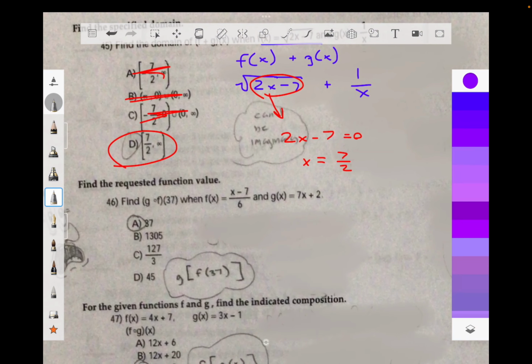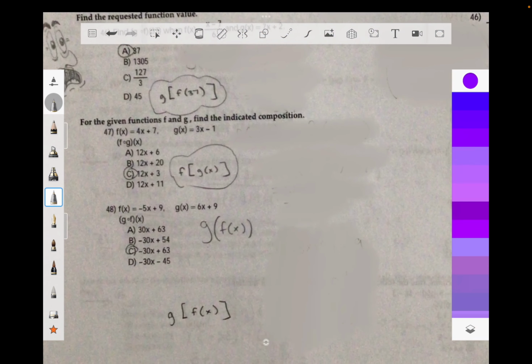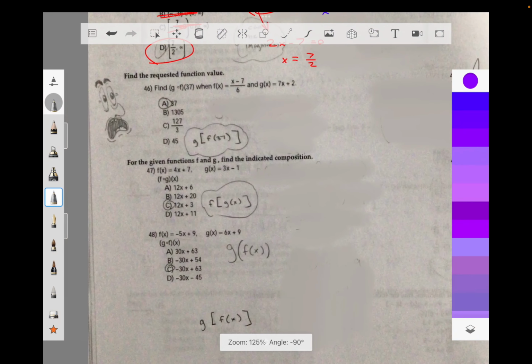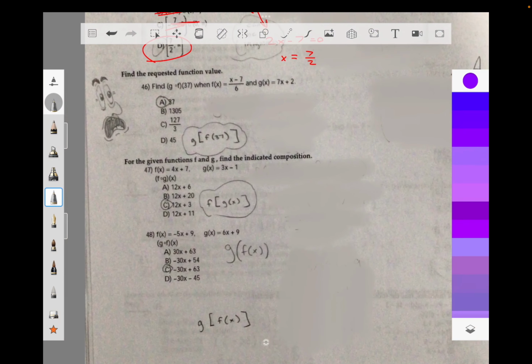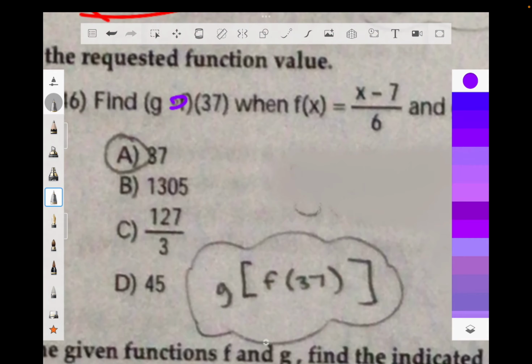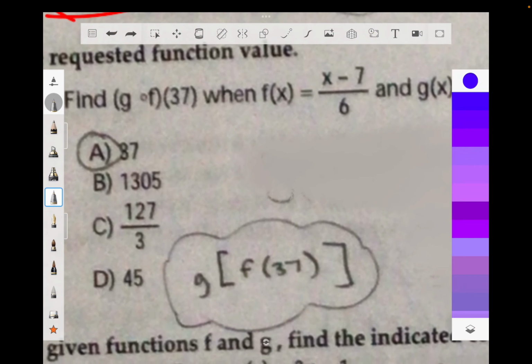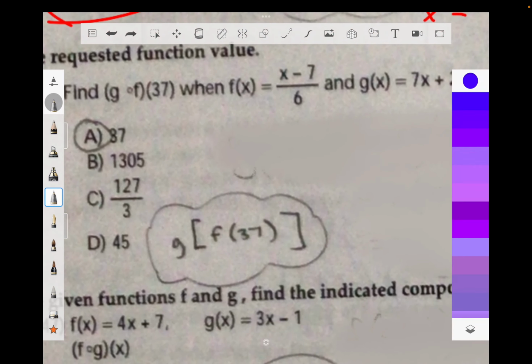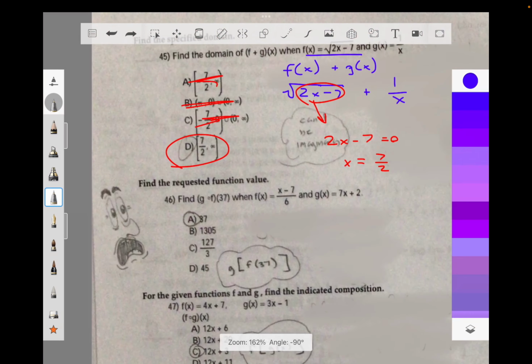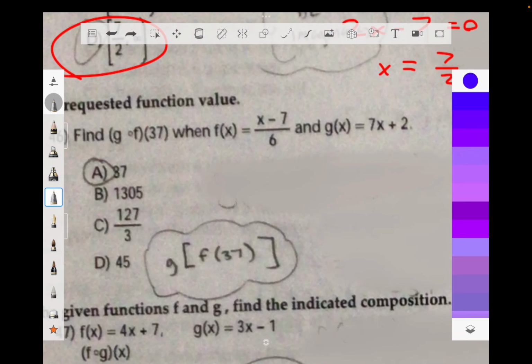Find the requested function value. I think these are the last 3. These look a little hard. I don't know why they use the degree symbol here, but whatever. This is like a combination, a little bit, but it's pretty much saying g of f of x.